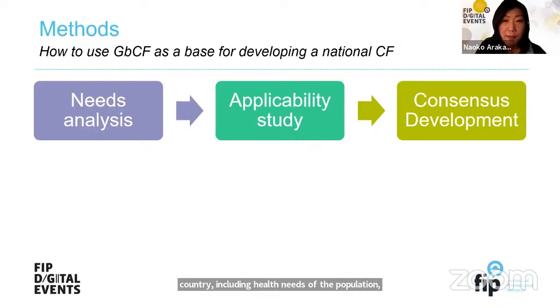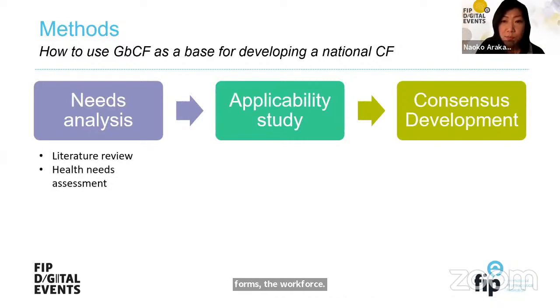This can be done by literature review and a health needs assessment. For example, she had an intensive health needs assessment in Saudi Arabia using qualitative methods, including interviews and focus groups of the key stakeholders.